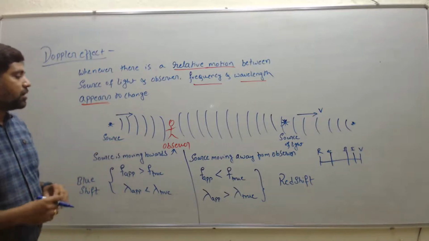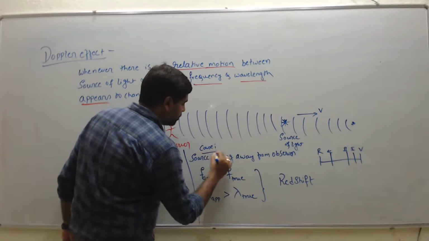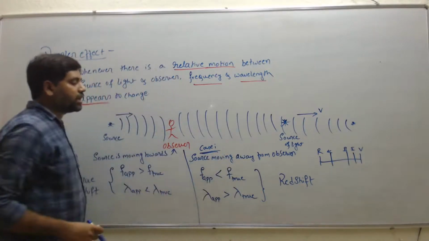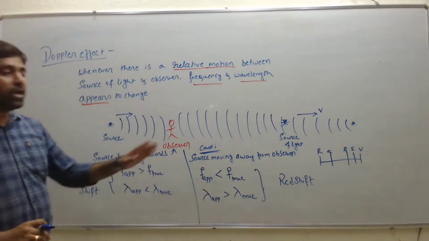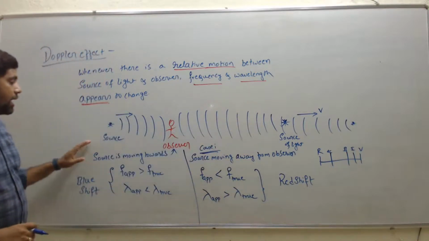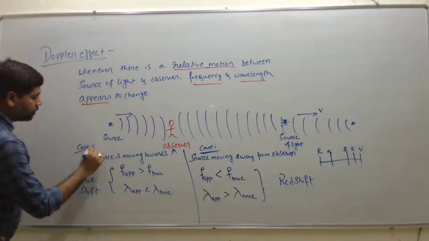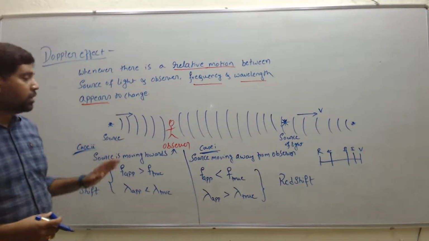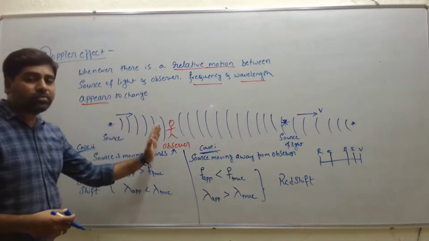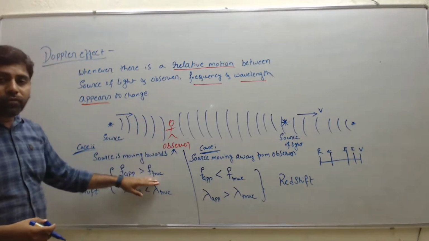So here we are considering only two cases, for a stationary observer. In case one, the source is moving away from the observer, and in case two, the source is moving towards the observer. When the source is moving towards the observer, the apparent frequency is greater than the true frequency.